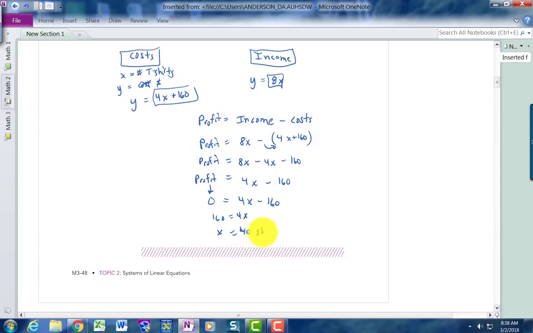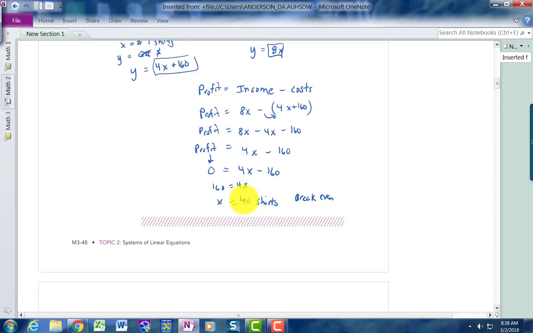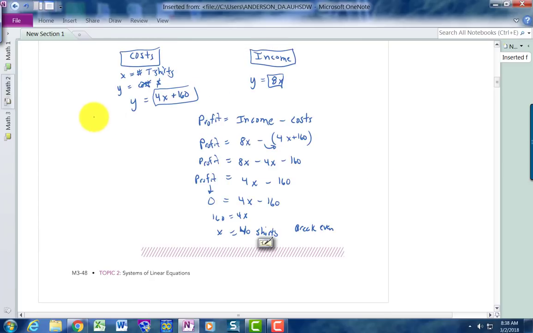So at 40 shirts, this is called your break-even point. You're breaking even because you're not making any money. Your income would actually equal your cost. And you can plug that back into each equation.